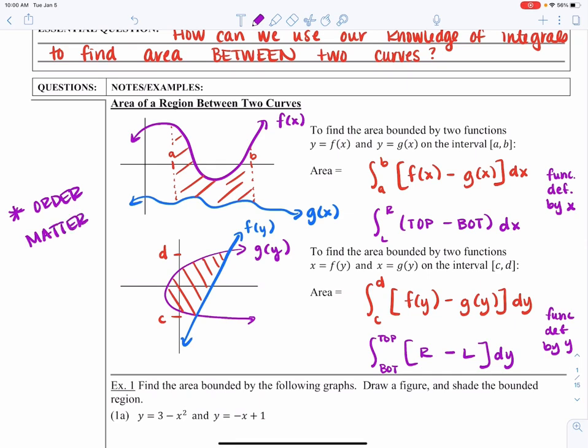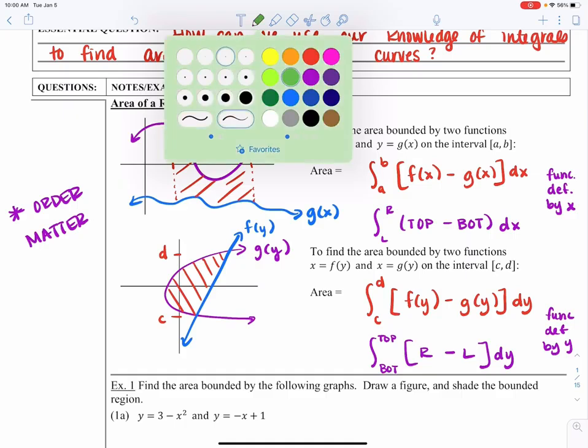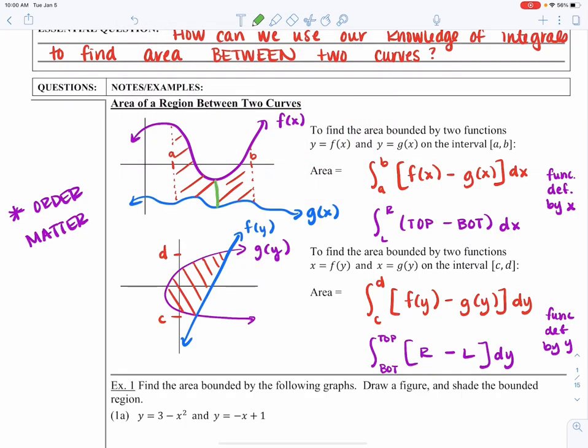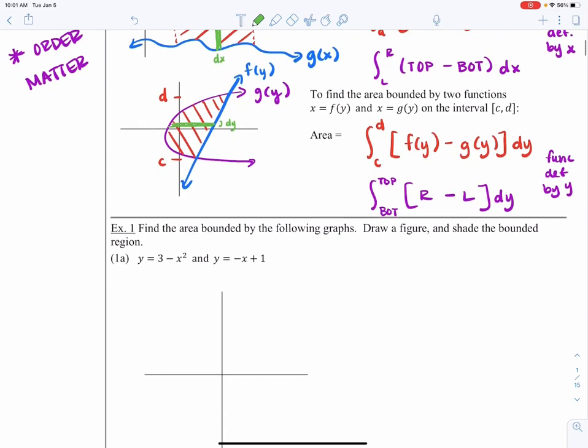Okay? When we're talking about the representative rectangle, thinking about that Riemann sum, remember our slices when we're doing a function defined by y are going to be oriented up and down. Our representative rectangle for our Riemann sum will actually be oriented side to side when we are doing a function defined by y. So let's go to an example.